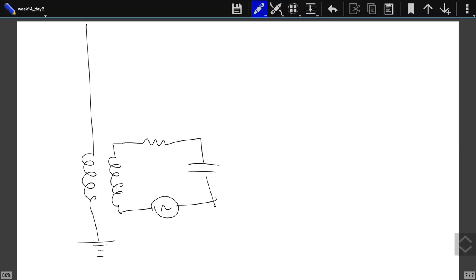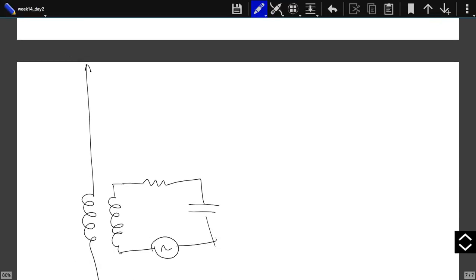What will happen is you are creating alternating AC current in the circuit, which will be inducing an AC current in your antenna due to the mutual inductance. So you will be creating a current in the wire. Of course, the top part of the antenna will be positively charged, then negatively charged. Charge will be changing, but we don't really care. The important thing is that the charges are accelerating up and down. Since the charges are accelerating up and down, they will start emitting electromagnetic radiation.